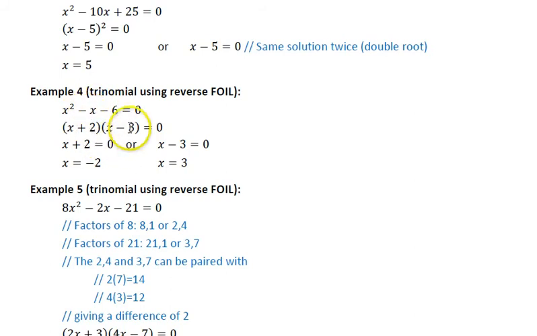Multiplying the 2 times the negative 3, we get the negative 6. Checking the outer, x times a minus 3 is minus 3x, and the inner 2x is plus 2x. Minus 3x plus 2x is minus 1x, or minus x. Breaking it apart, x plus 2 is 0, x minus 3 is 0. We get x equals negative 2 and x equals 3.